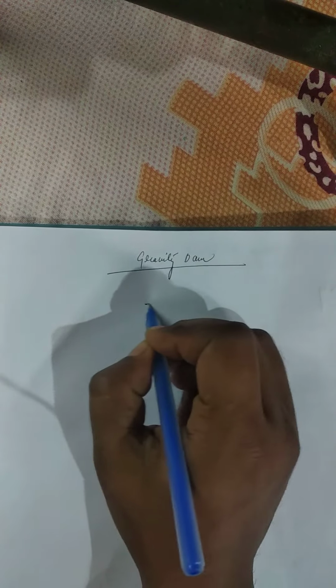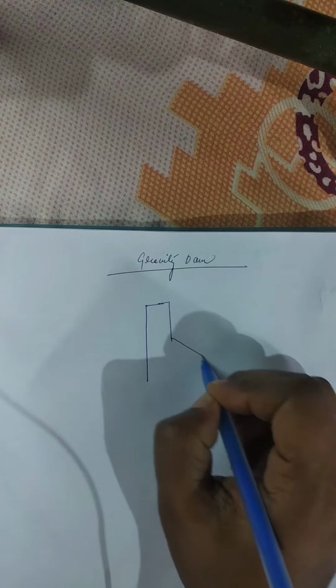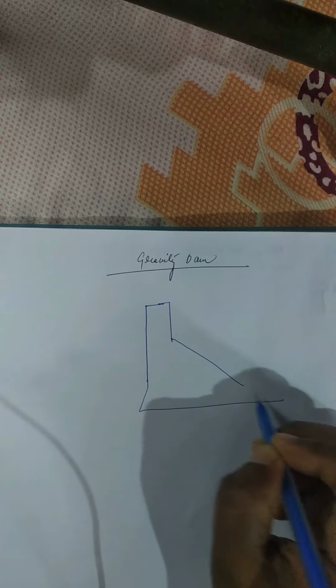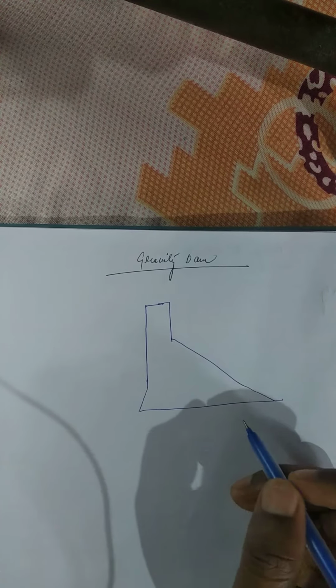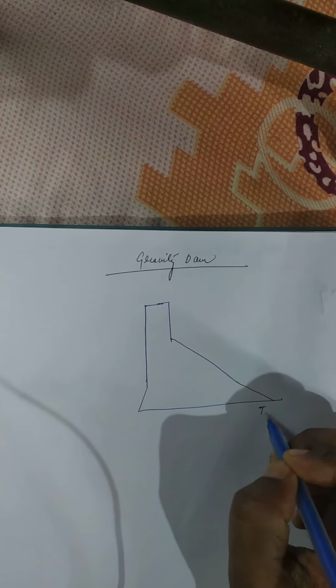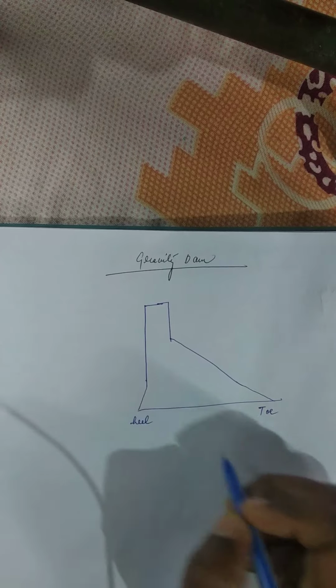If you see the typical cross section, it will be like this. This part is called the toe of the dam, and this is called the heel of the dam.